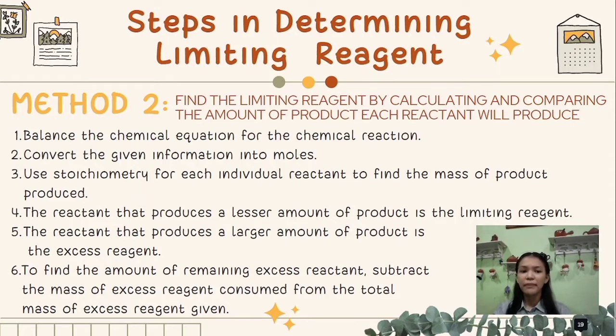The third step is to use stoichiometry for each individual reactant to find the mass of product produced. In the fourth and fifth steps, we then identified which is the limiting reagent and the excess reagent. The limiting reagent is the reactant that produces a lesser amount of product, whereas the excess reagent is the reactant that produces a larger amount of product.